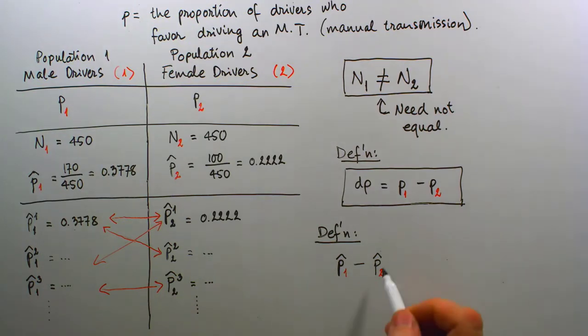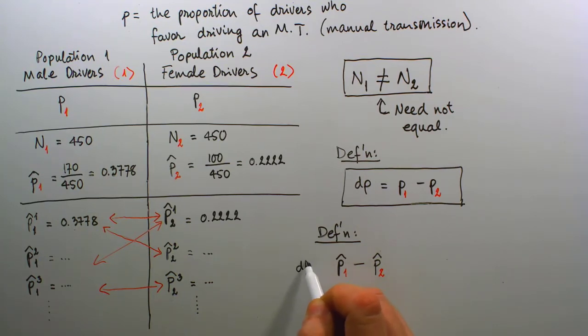And now I call this difference dp hat. So these are all lowercase, and the hats indicate that these are all intended for sample values.